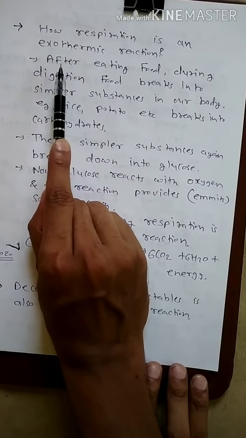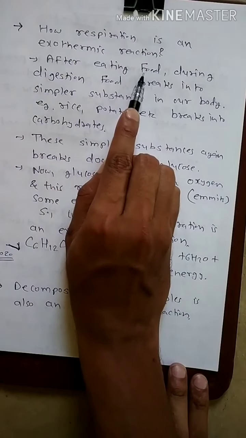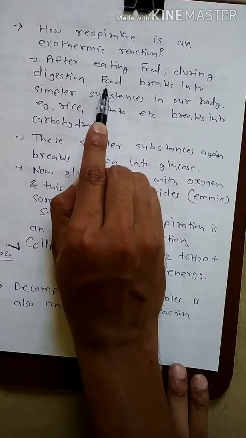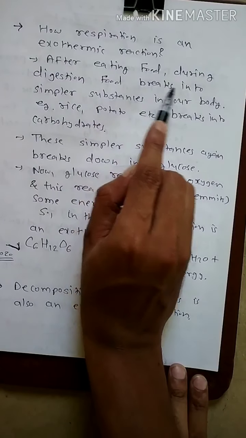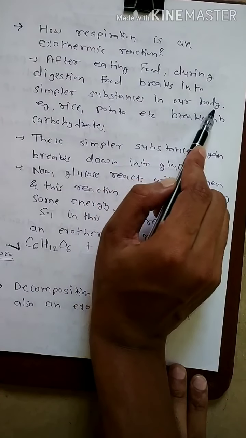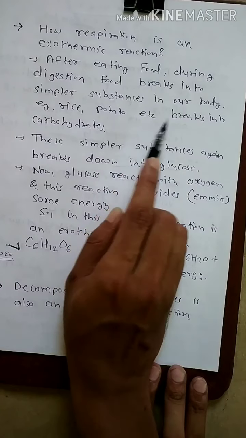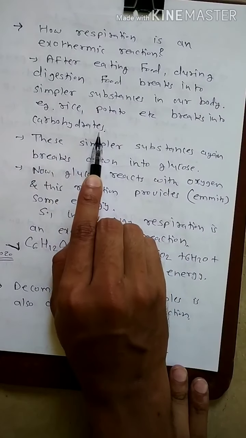Understand it first. When we eat food, what will happen after eating the food? During digestion, food breaks into simpler substances in our body. For example, rice, potato, etc. break into carbohydrate.